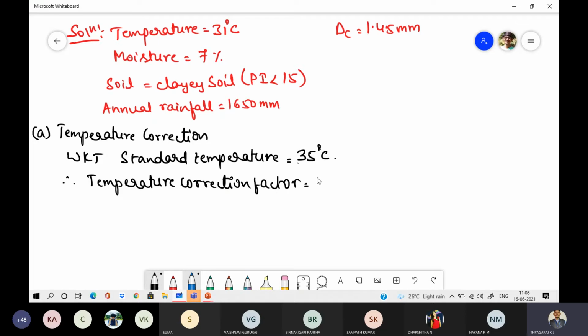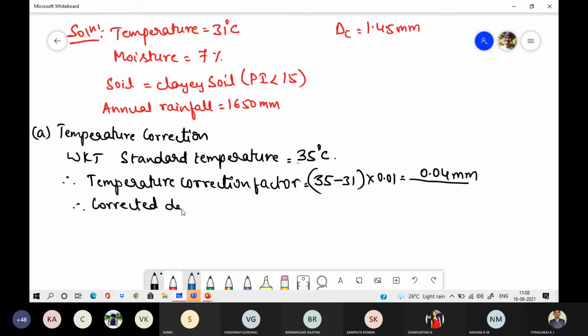Whichever is the highest value we have taken, that we have deducted from 35. So 35 minus 31 into 0.01. What is the value you are going to get? 0.04 mm.